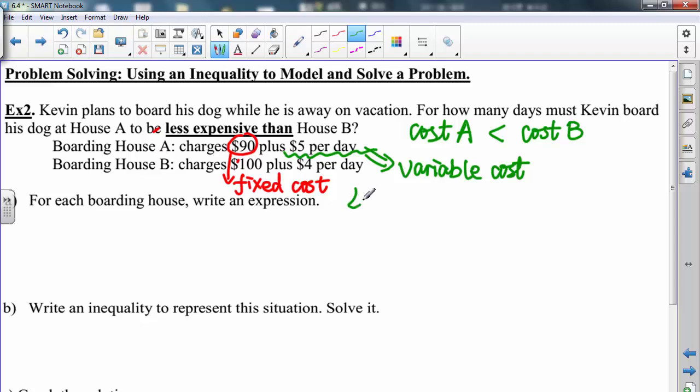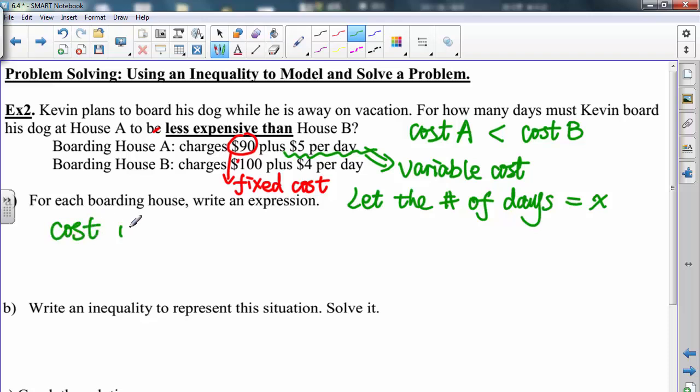So we will let the number of days be x. So the cost in house A will be 90 plus 5x. And the cost in house B, they charge $100, which is the fixed cost, plus $4 per day.